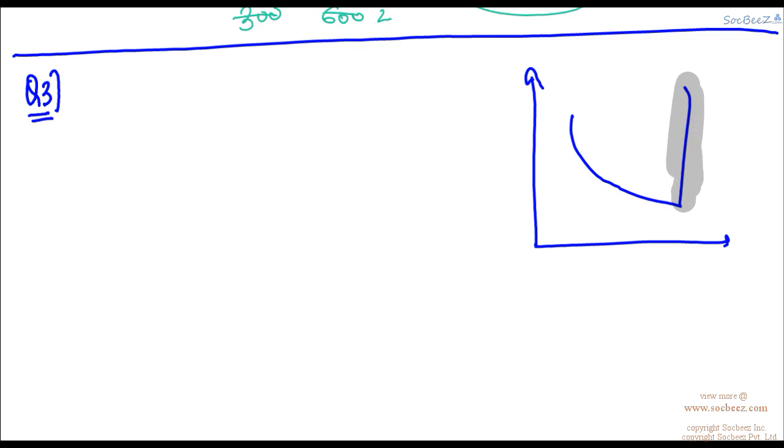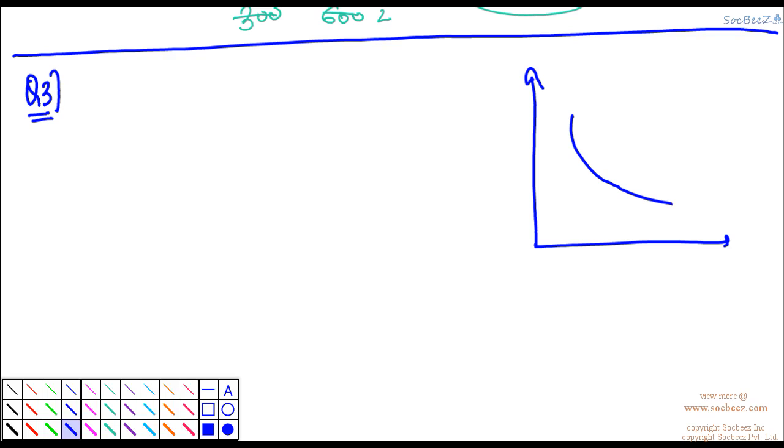The gas is ideally taken through two processes. One is an isothermal process and one is an isochoric process, right? The first process is isothermal, it is given to you, and this is an isochoric process from position 1 to 2 to 3.